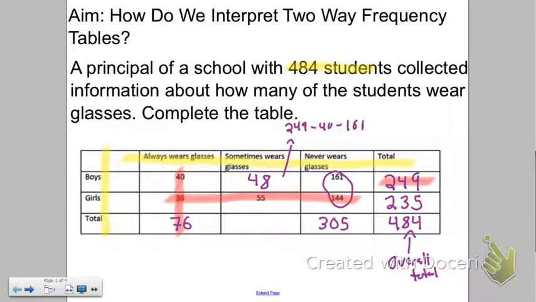Now my total for sometimes wear glasses, I can have the 48 plus the 55. 48 plus 55 gives me 103. So now my table is completed.